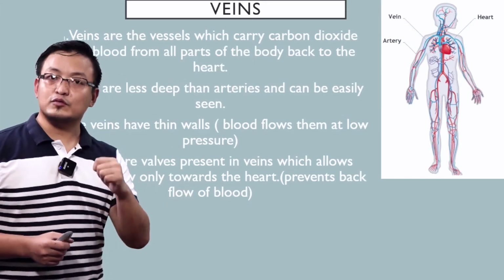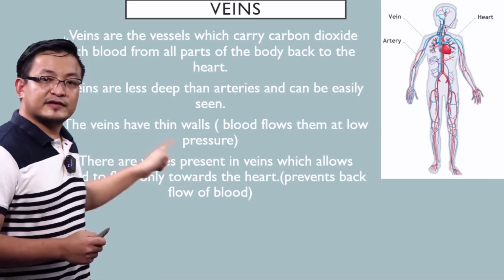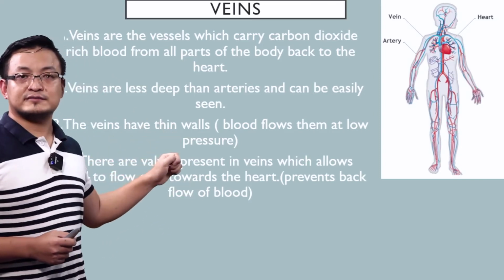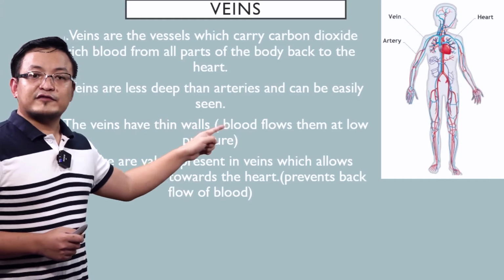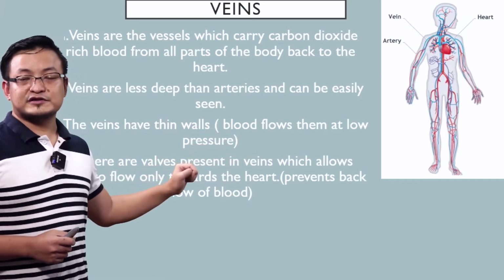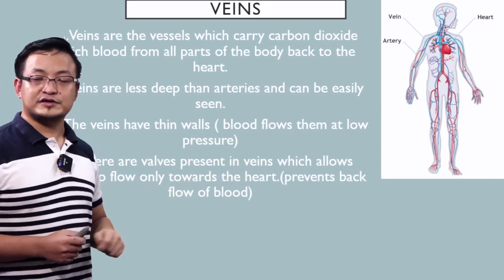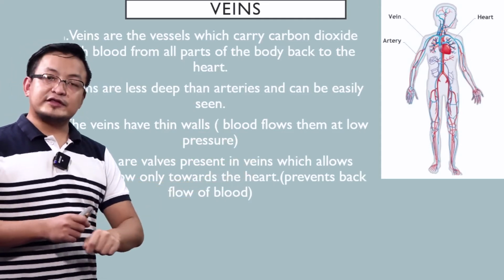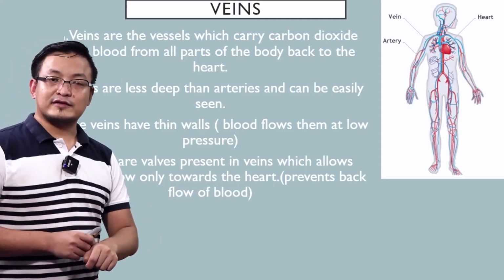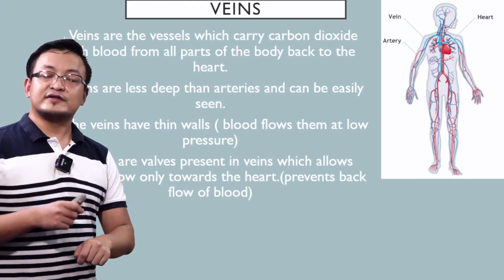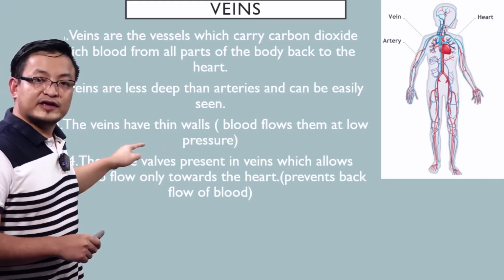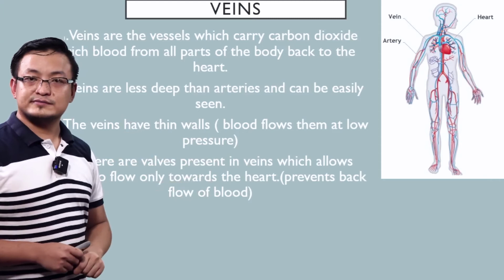But veins have thin walls because blood flows through them at low pressure. So now you know the difference between their walls: arteries have thick walls, and veins have thin walls.